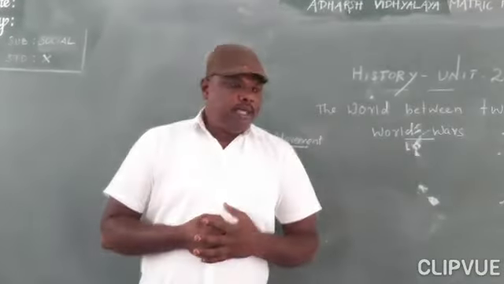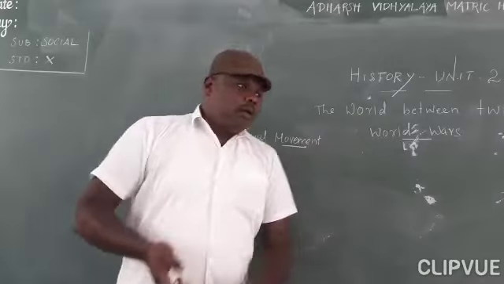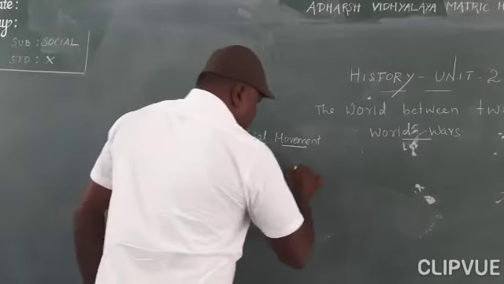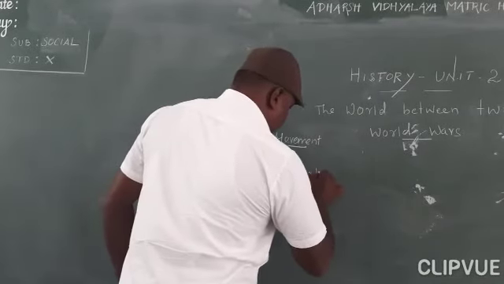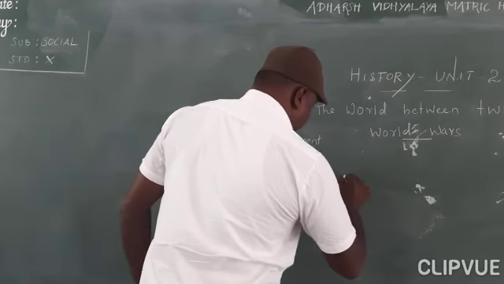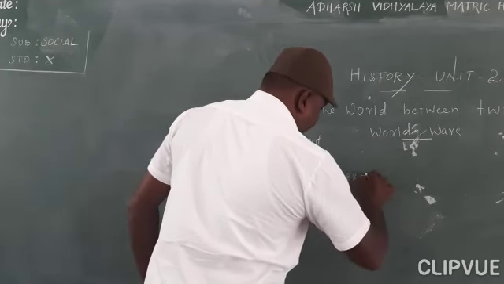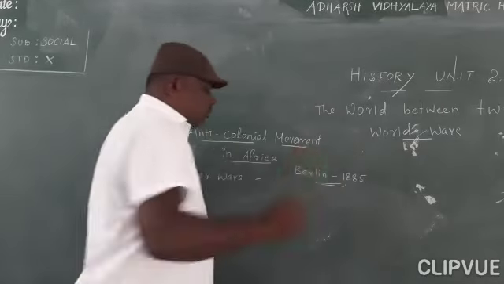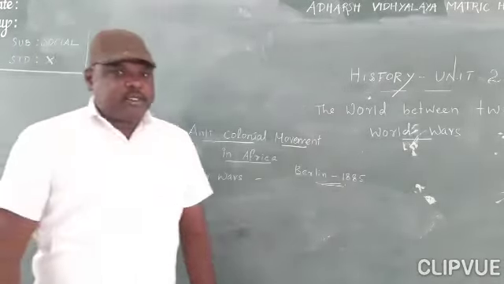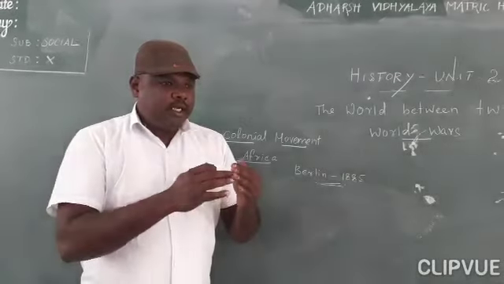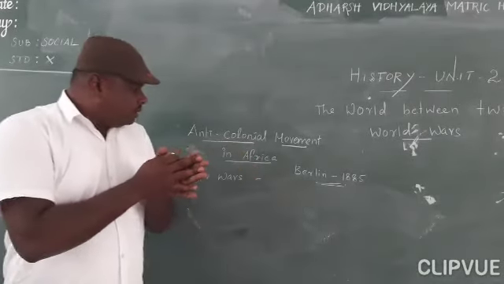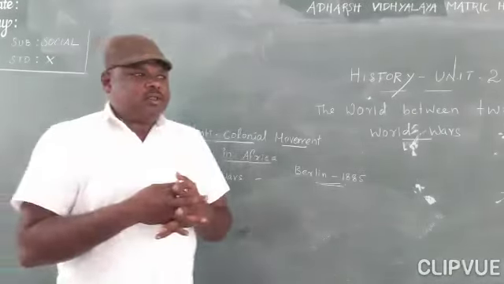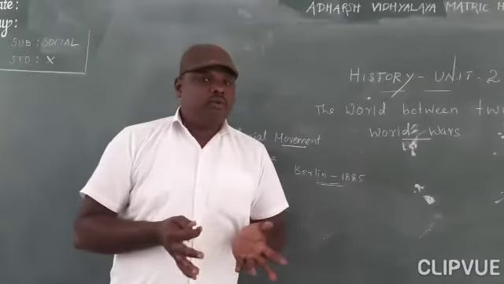So in the Berlin Conference, 1884 to 85, the Europeans decided to divide Africa based on spheres of influence.